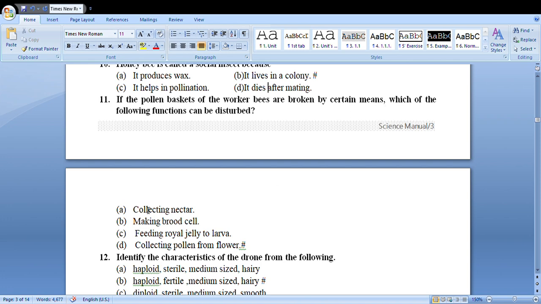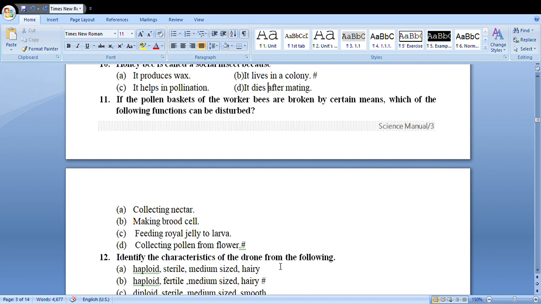Collecting pollen from the flower, collecting nectar, collecting brood, making brood cell, feeding royal jelly to larva. Obviously answer is collecting pollen, because it's the pollen basket that is used to carry the pollen grains of the flower. So collecting pollen from the flower, this function is disturbed.